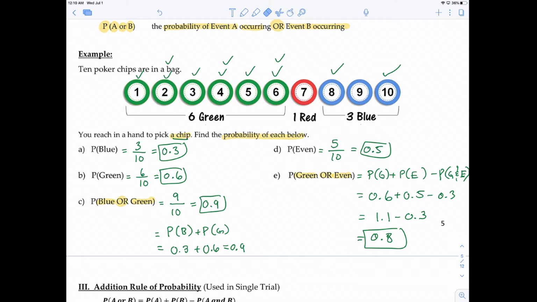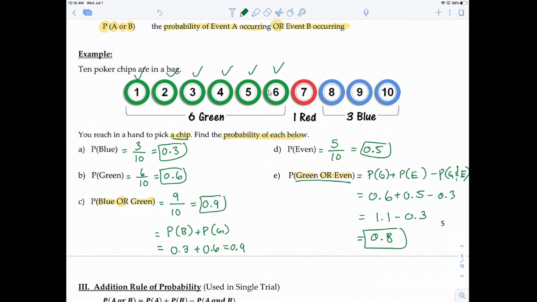All right. So you can use the addition rule, which I just stated right there, or you can do the following. An alternative to using the addition rule is just don't double count, right? When you're looking for the probability of green or even, you can just say, okay, these are the green ones, and then you say or even. So 2 is even, but I'm not going to double count it because I already included it when I was counting the green. 4 is even, but I'm not going to double count it because it was accounted for when I counted the green.